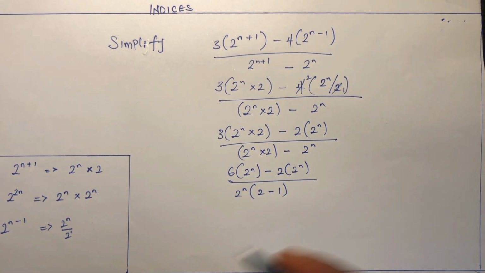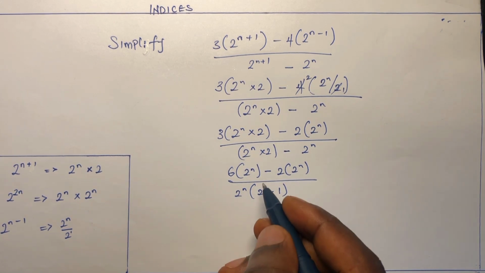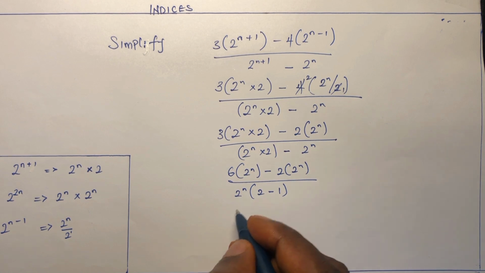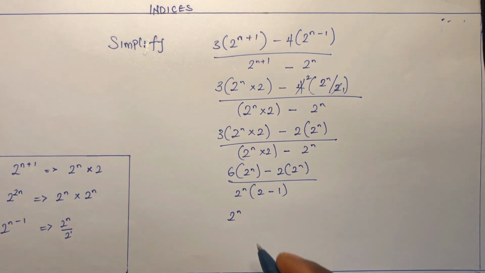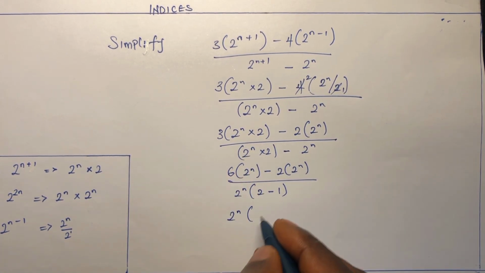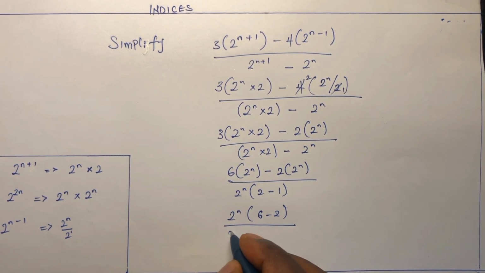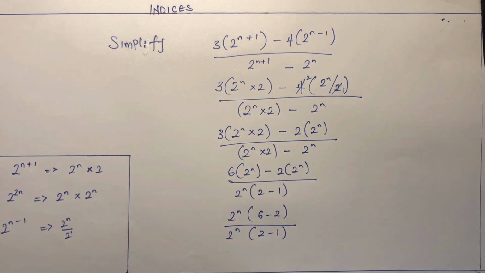So if we tidy up, then let's factorize for the numerator. When we factorize for the numerator, we'll have 2 to the power of n, then we'll have 6 minus 2, all divided by 2 to the power of n, then we'll have 2 minus 1.